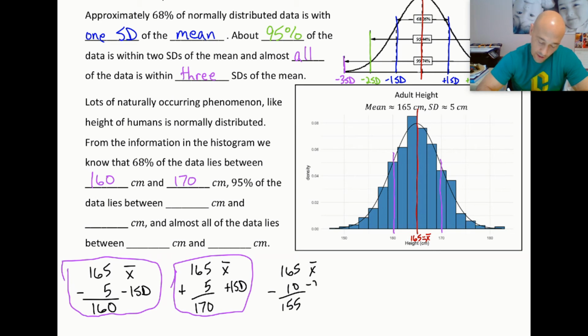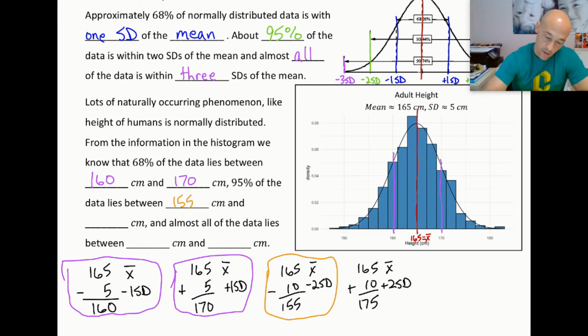So we're subtracting two standard deviations. Now I'm going to do that one in orange. So it goes from 155. And then adding two standard deviations, 165, the mean, plus 10 is up to 175.